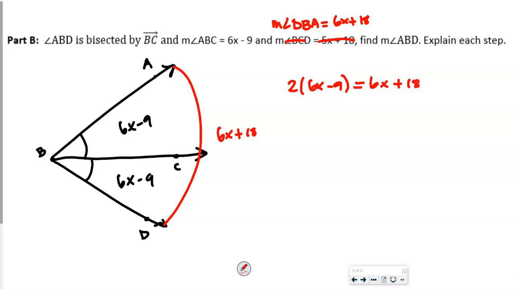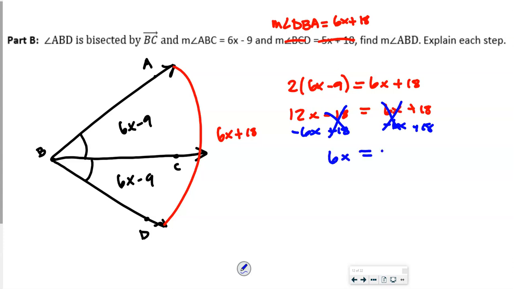We're going to distribute that 2, so this is going to be 12x minus 18 equals 6x plus 18. I'm now going to subtract 6x from both sides. So now my 6x's are gone from there. I'm going to add 18 to both sides. So that negative 18 is gone. So now we have 6x equals 36. Divide both sides by 6. So x is equal to 6.